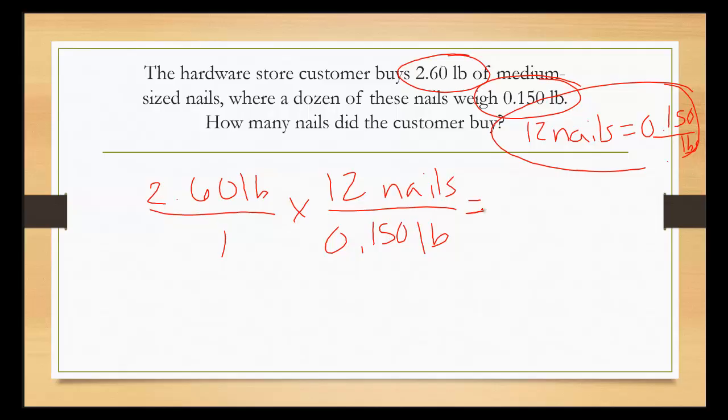So we multiply and divide that out, and it comes out to be 208 nails. So basically what this means is that it's a much easier way for somebody to buy nails. You go in, you weigh out 2.6 pounds of nails, and you automatically know you're going to have 208 nails when you walk out, rather than having to sit there and count 208 nails.